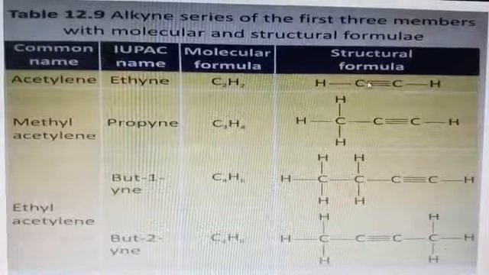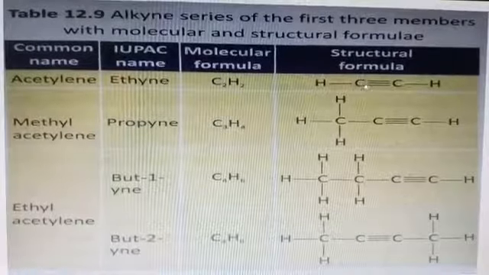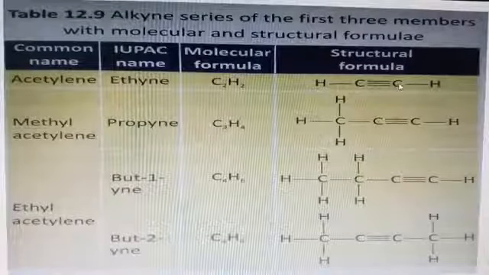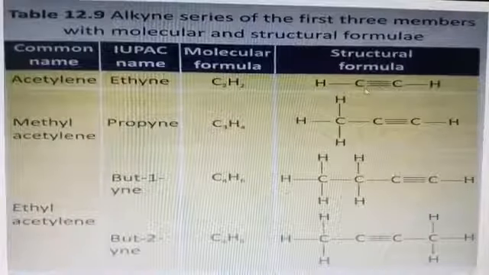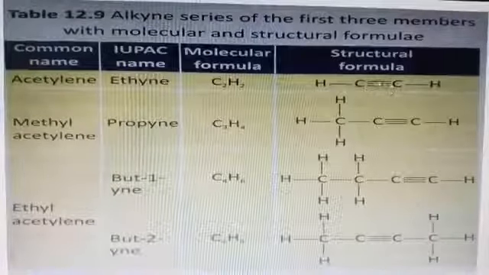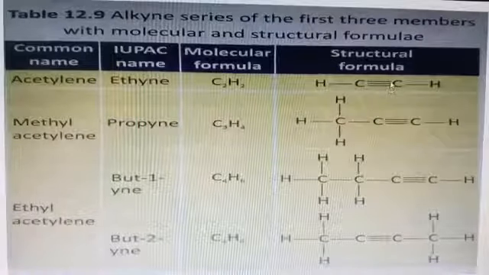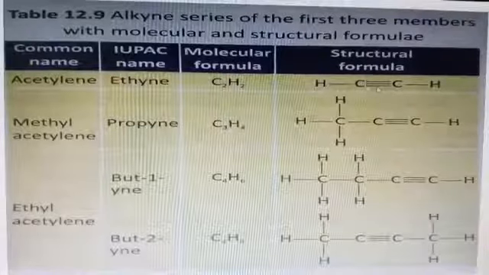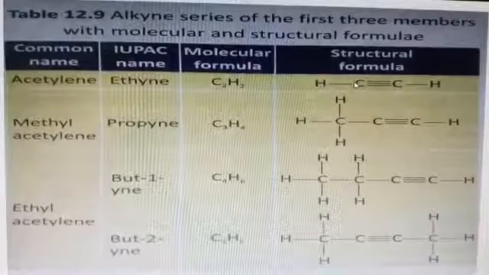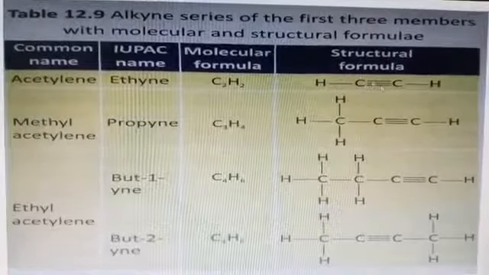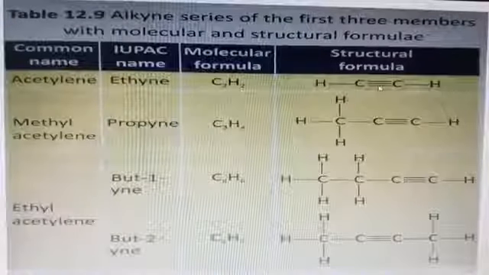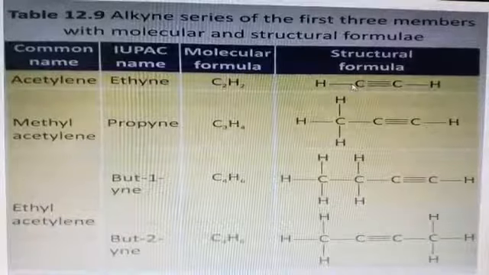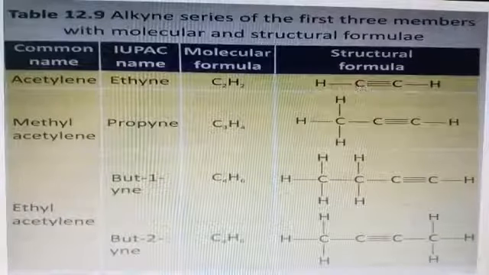So 3 of the valence electrons of this carbon are shared with 3 electrons of this carbon atom. As a result, there are 6 electrons, or 3 shared pairs of electrons. So 6 plus 2, 8. For this also 6 plus 2, 8. So this means they can have 1 hydrogen each.